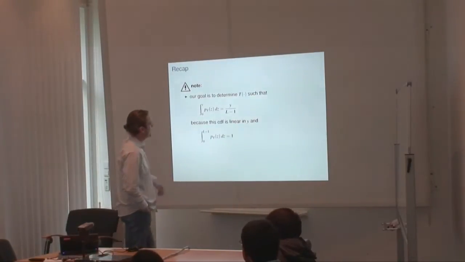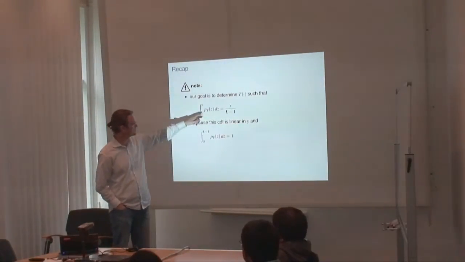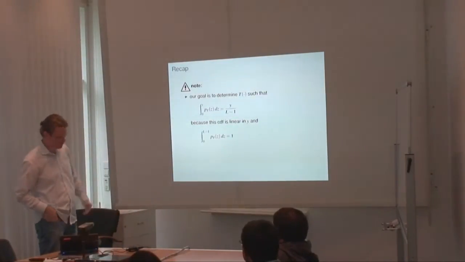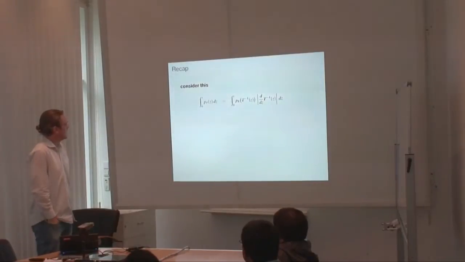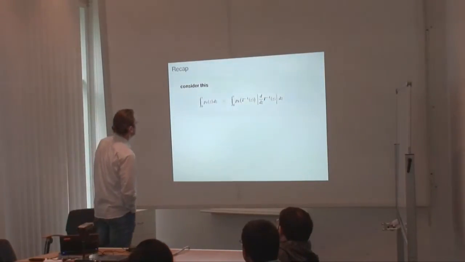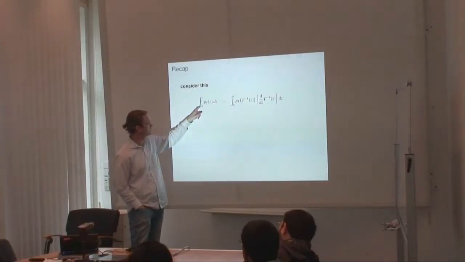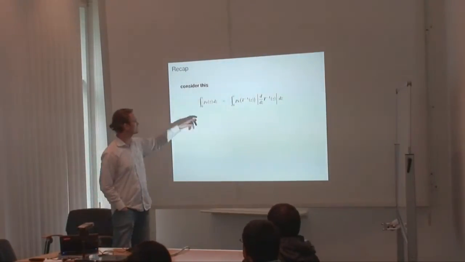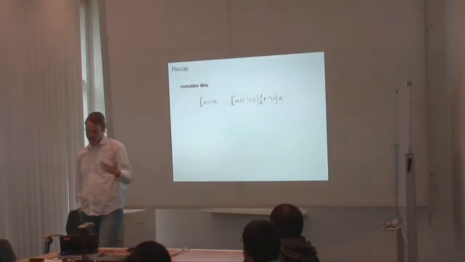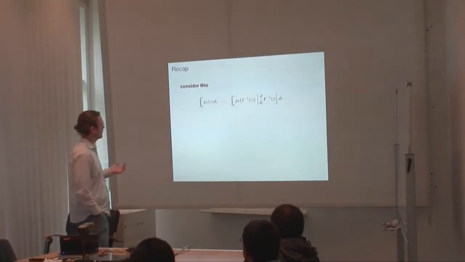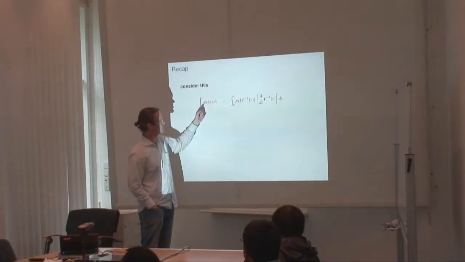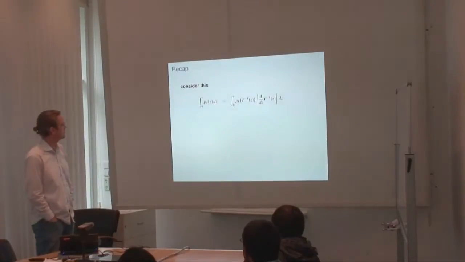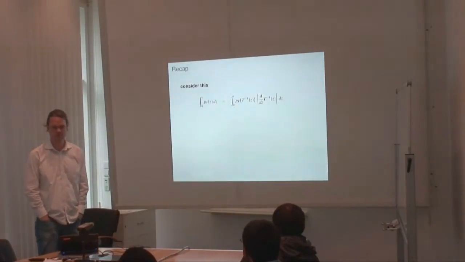We want to determine a transformation T such that the resulting density, if we integrate it, has this form. Now consider this. We look at the density py of z dz and integrate that from 0 to y. Given what we just discussed, we can write this expression as px of t inverse of z times the norm of d dz t inverse of z dz.